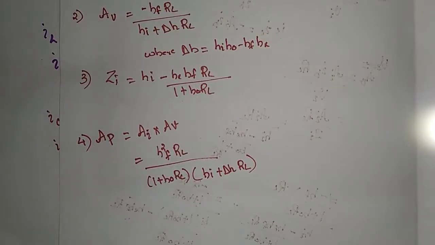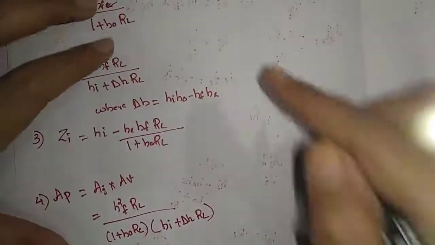And now we have forgotten to find out the output impedance. How can we find out the output impedance? To find out the output impedance, you have to short circuit the source voltage. This is a little different from what we have been doing till now.